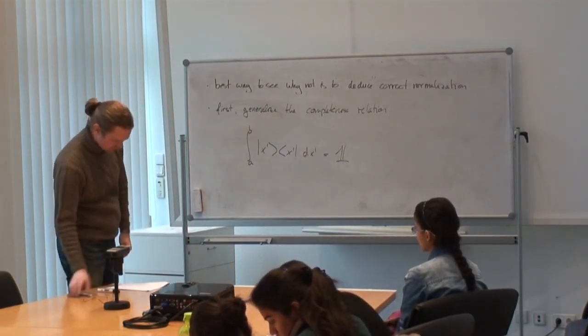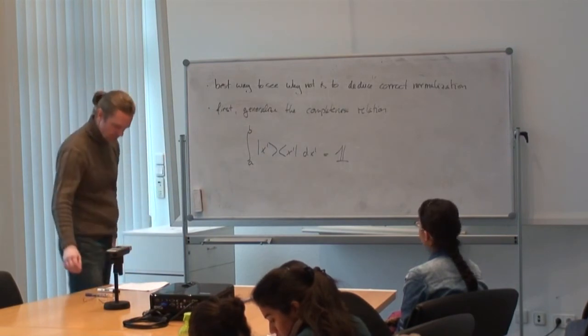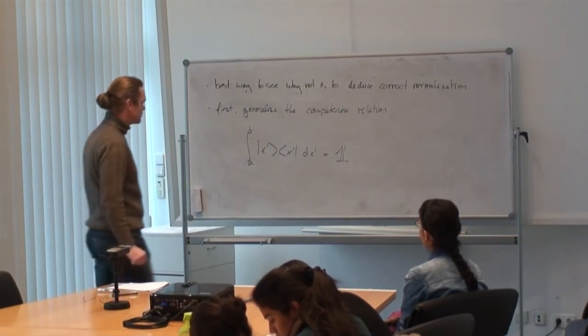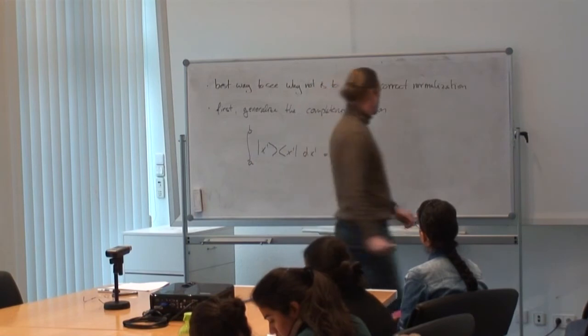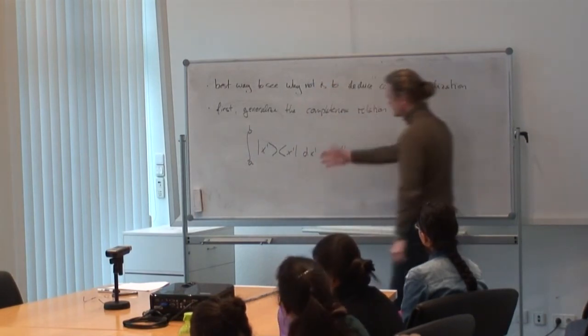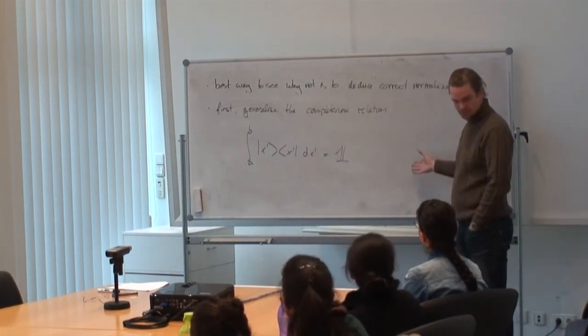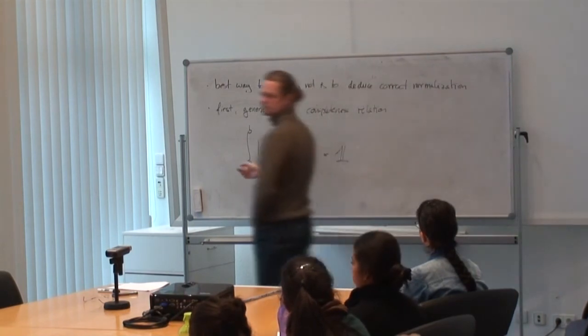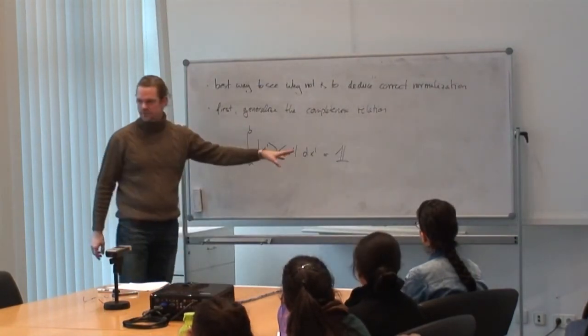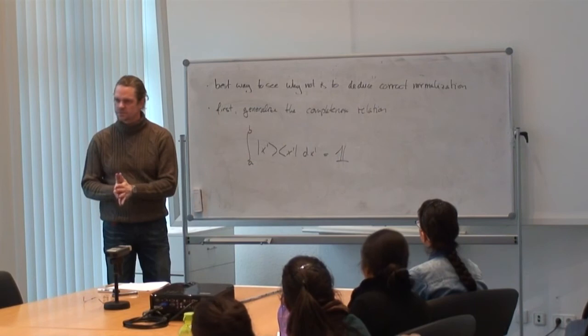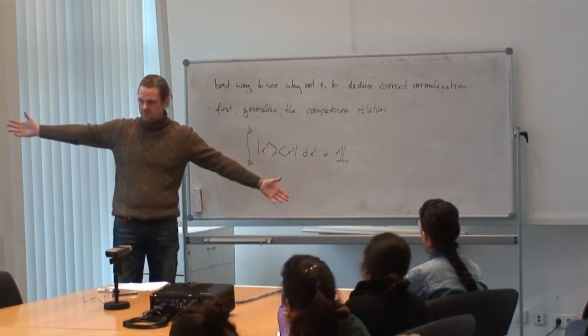So this is something we require, and what I will now do is multiply a vector to this equation from the right and another vector to this equation from the left. This is just a matrix. It's a very funny matrix right now because it's a matrix of infinite dimensions.